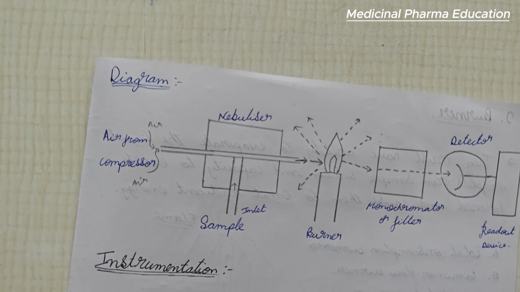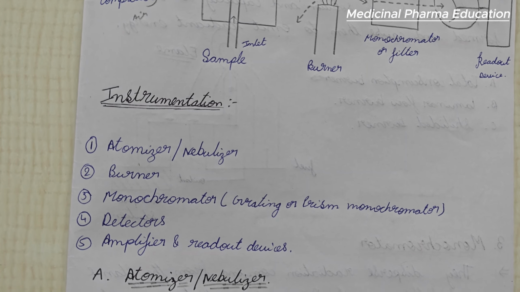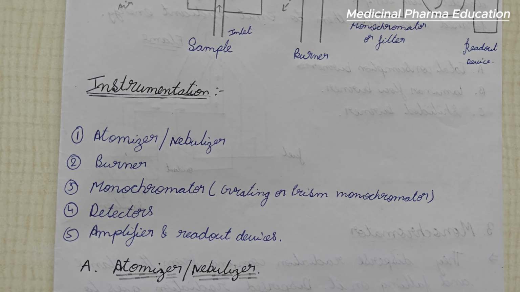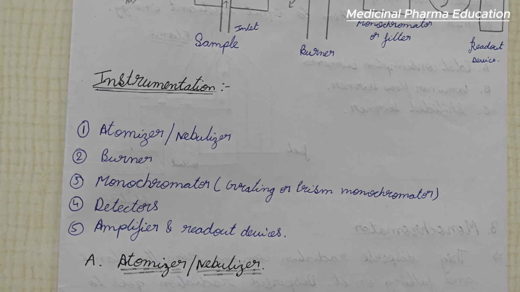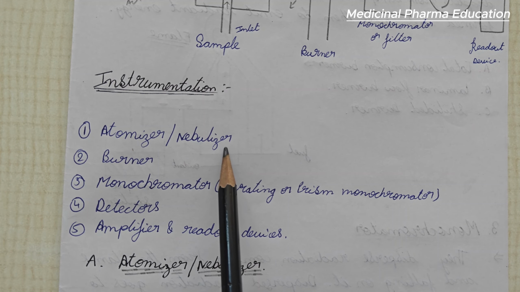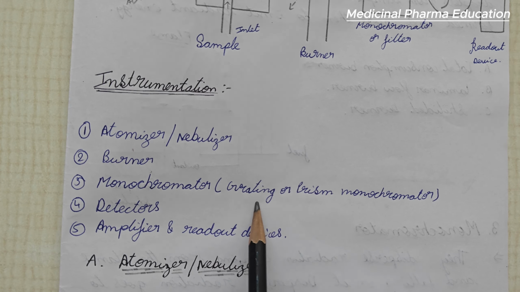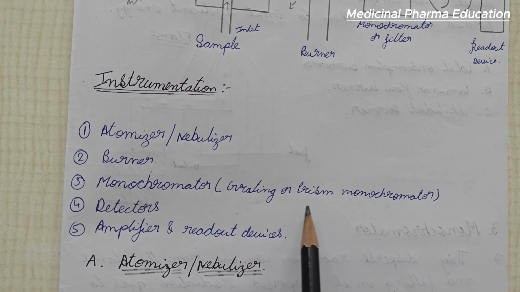Next, we will discuss the instrumentation. Okay, firstly, instrumentation. What are the instruments used? First, atomizer or nebulizer, burner, monochromator, grating and prism. We already discussed this, I said you, right?